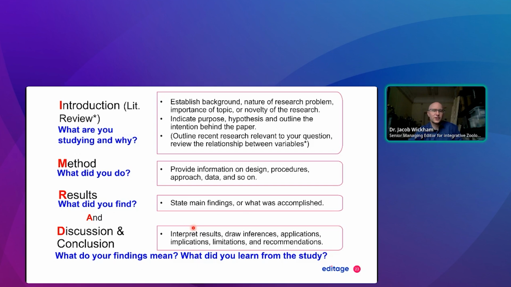And then the discussion and conclusion is the who-cares question. So what do your findings mean? And what did you learn from your study? Here you want to interpret your results, speculate on the meaning of your results, draw inferences, compare and contrast your results to other results in the scientific literature, and discuss the implications of your research and the limitations of your research.